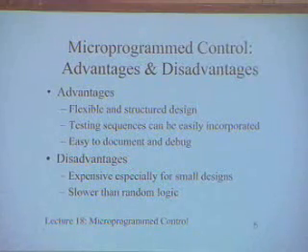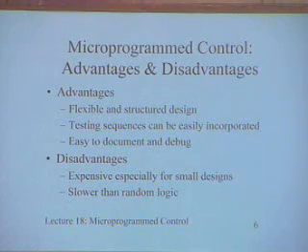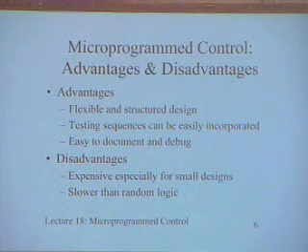So these are some simple advantages and disadvantages of using a microprogrammed control. One has to make a choice of which type of control to use. We talked of 3 options, and one has to decide which one to use. A flexible and structured design, we already have looked at. The structure comes because the control doesn't change. For example, if you look at the state machine implementation, there is really no structure.